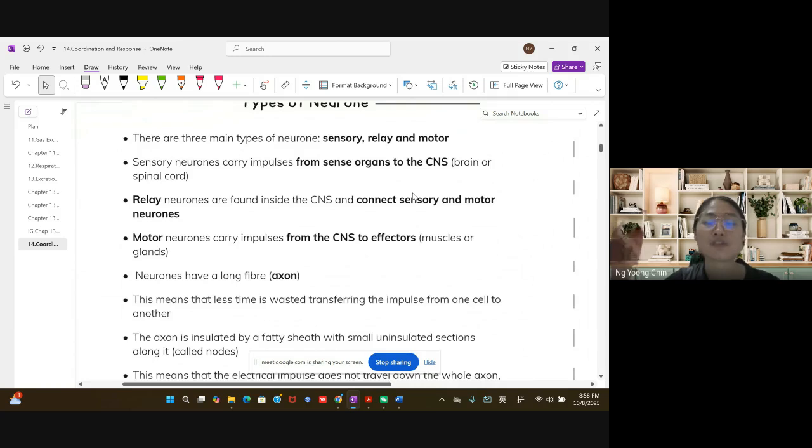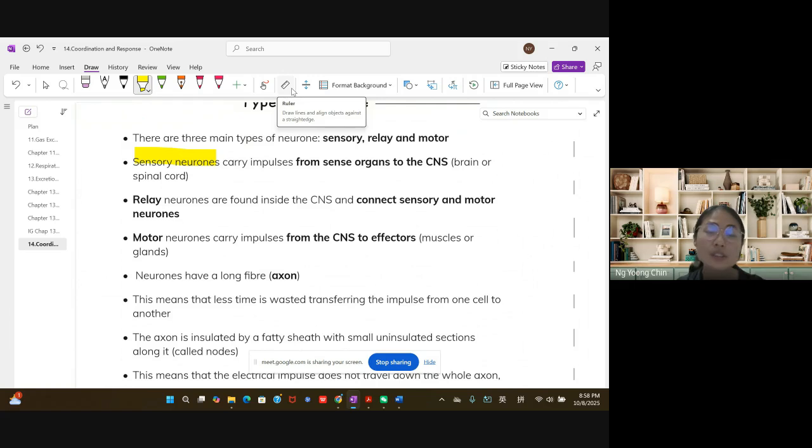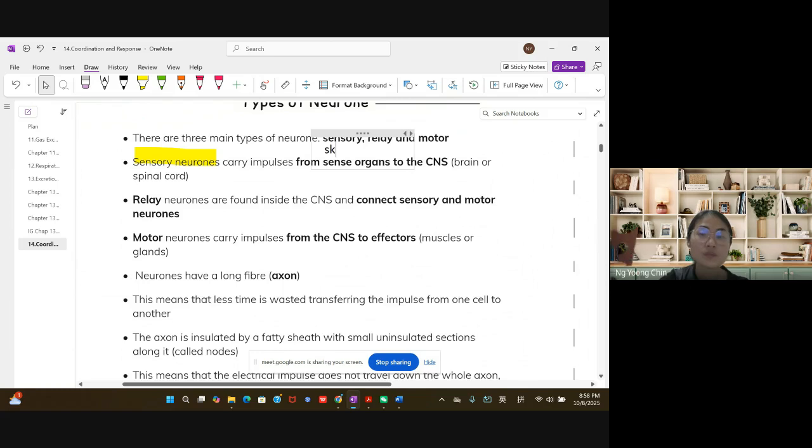Actually, we have three types of neuron. What is the first one called? Sensory neuron. What the sensory neuron does is carry the impulse from the sense organs to the central nervous system. The sense organ refers to, for example, the skin, or the eyes, or any kind of sense organ.